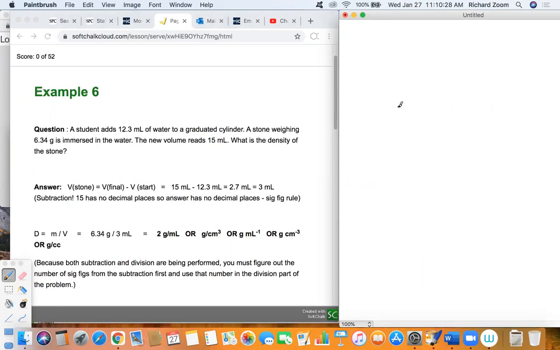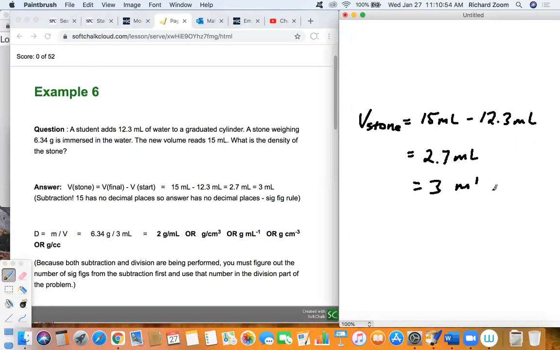So the volume of the stone is going to be 15 mils minus 12.3 mils. If we were to put that in our calculator, it would come out to be 2.7 mils. But if we bring this to significant figures, it'd be 3 mils.